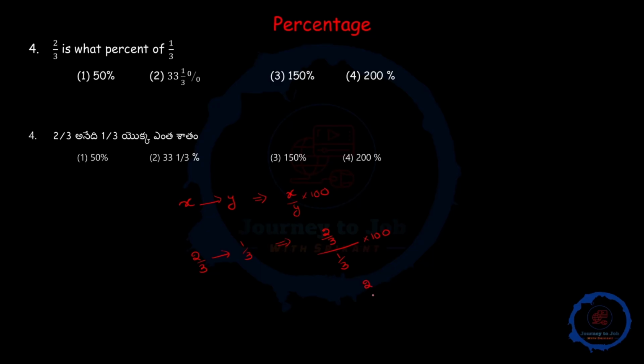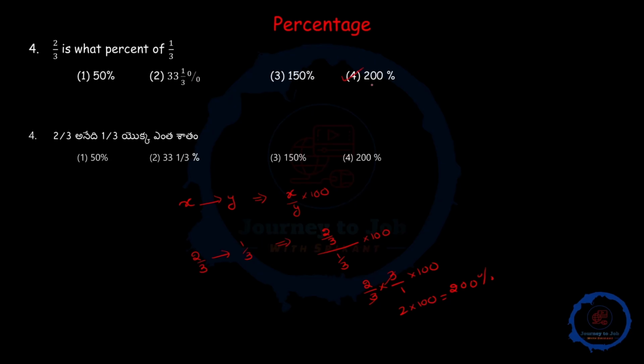So to solve, 2/3 into, the denominator will reverse, so 3/1 into 100. So 3 gets cancelled. 2 into 100 means 200%. So 200%, this is the answer.